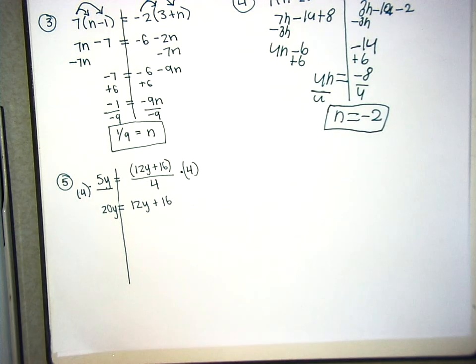No. The time when you distribute it to both is if there's a plus right there. So right here, this 5y is 5 times y. If it was 5 plus y, you'd have to apply it to both of them. Does that help? No? Okay, let's do it this way. If I had 2 times x plus 6, what would that be?